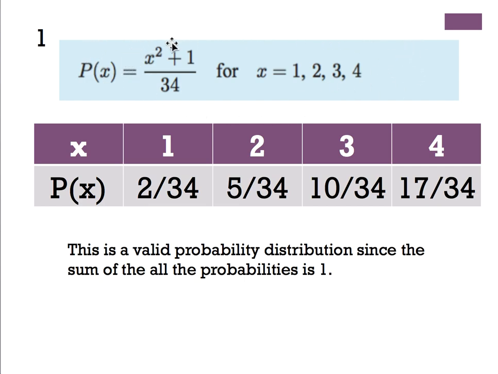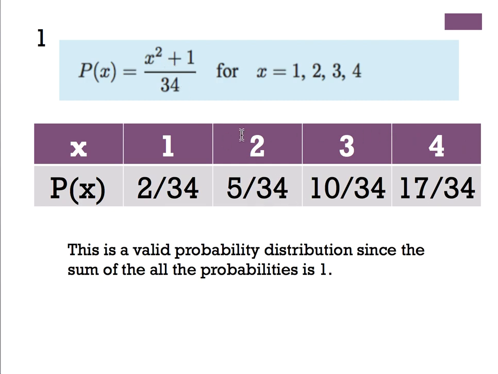If we want to construct a table, we can just plug in 1 to x. If we do that, we will get 2 over 34 when x is equal to 1. When x is equal to 2, plugging that in our function will give us 5 over 34.